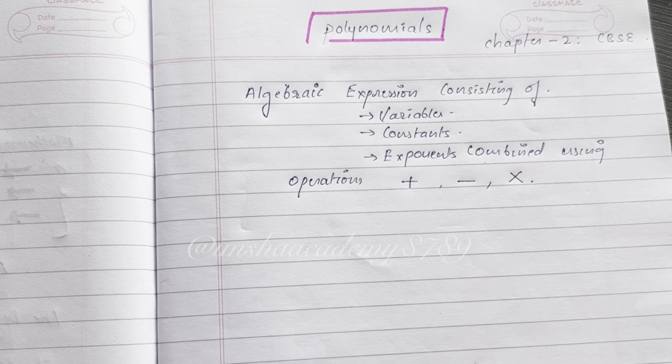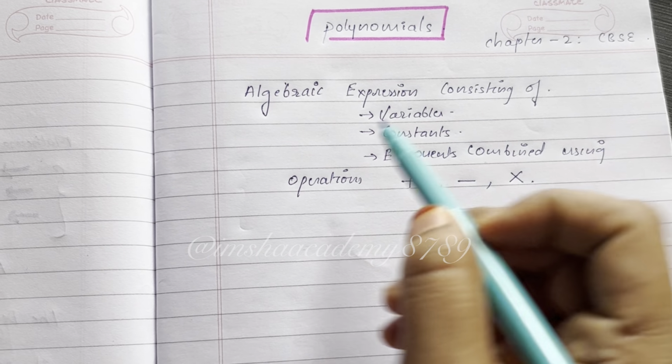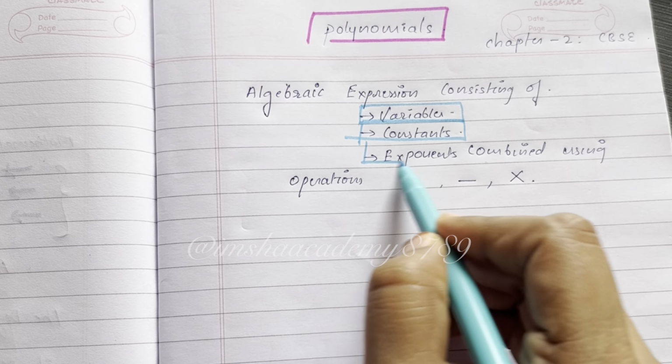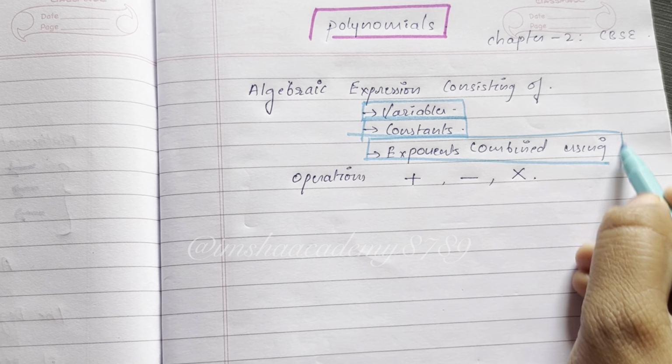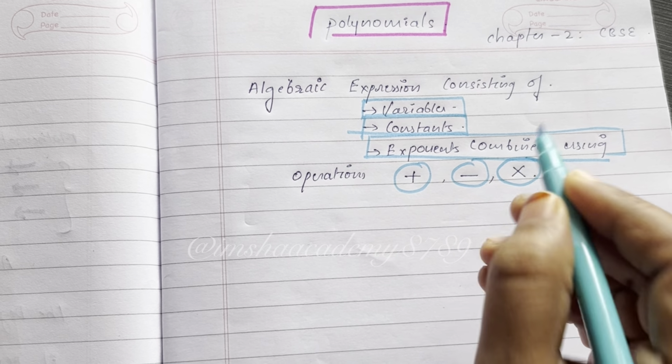Okay, so a polynomial is an algebraic expression consisting of variables, constants, and exponents combined using operations such as addition, subtraction, and multiplication.